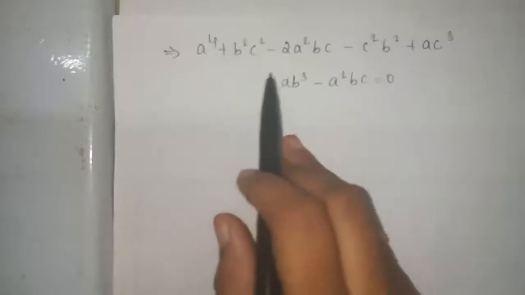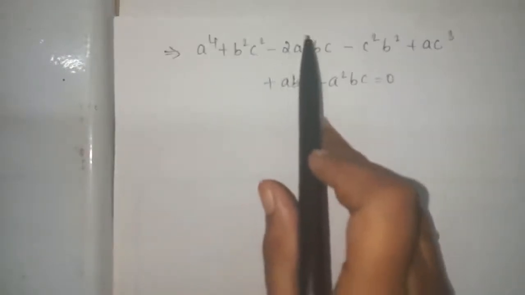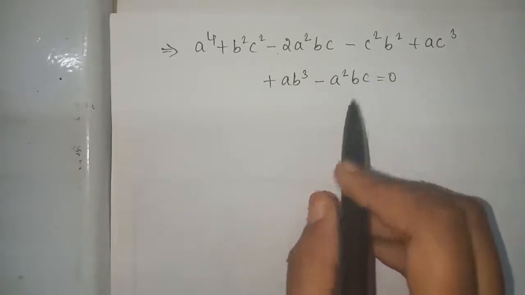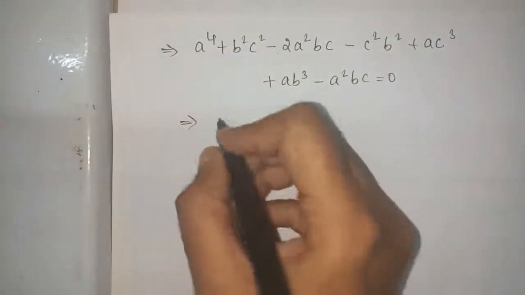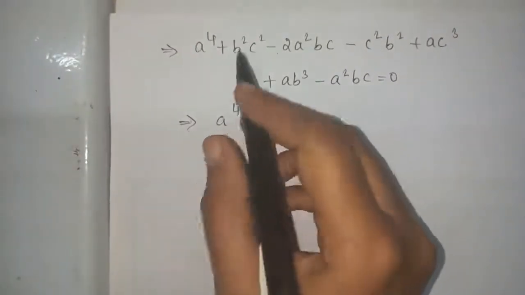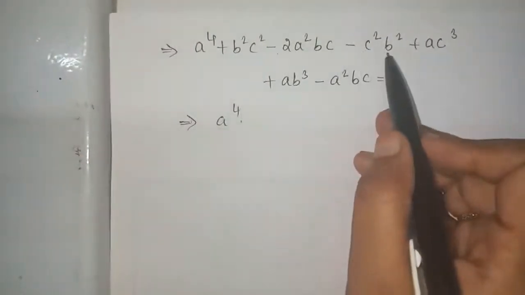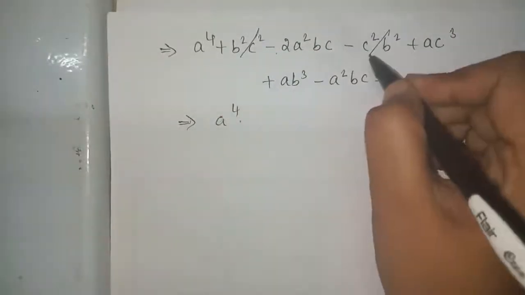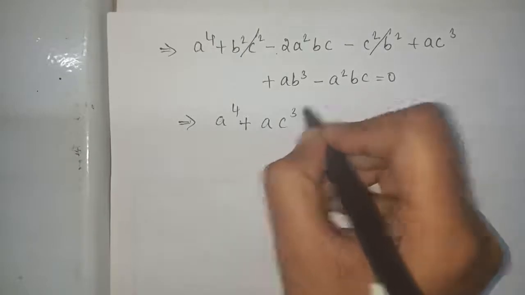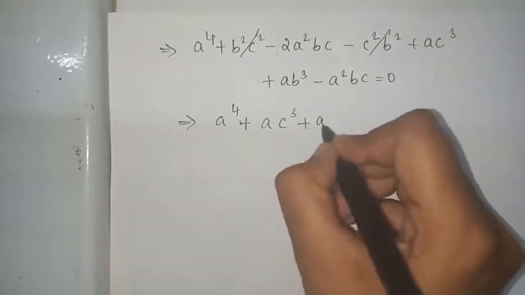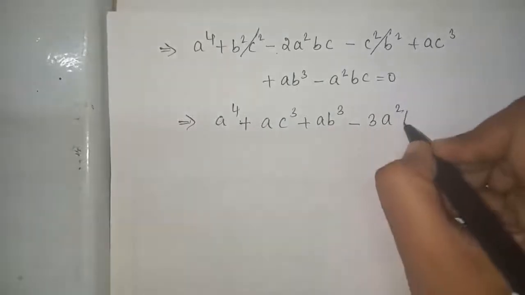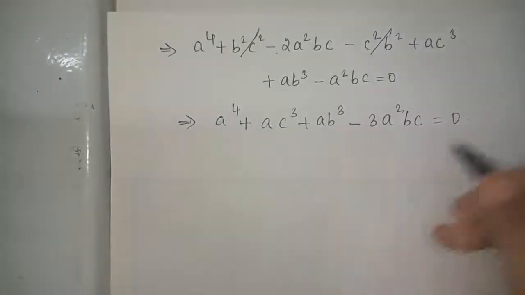So here you have minus 2a square bc and minus a square bc. So it just implies a power 4, plus b square c square minus b square c square gets cancelled, plus ac cube plus ab cube minus 3 into a square bc is equal to 0.